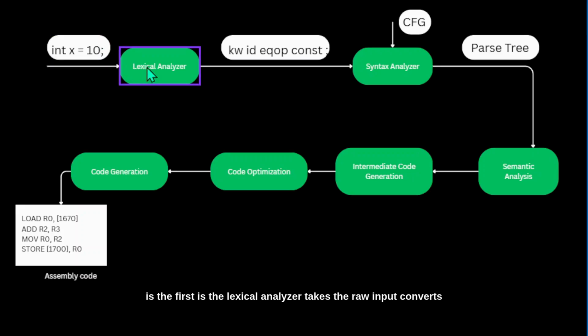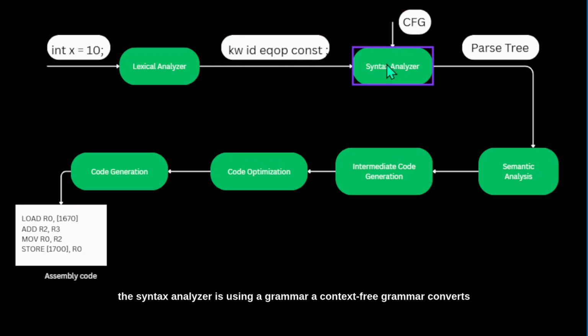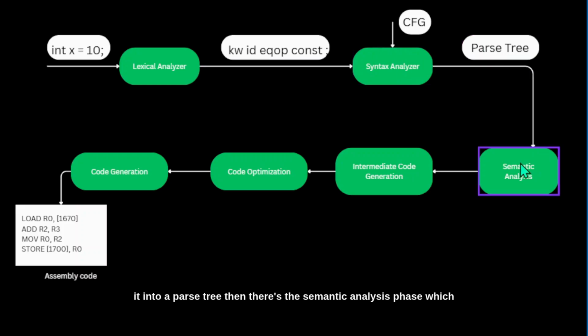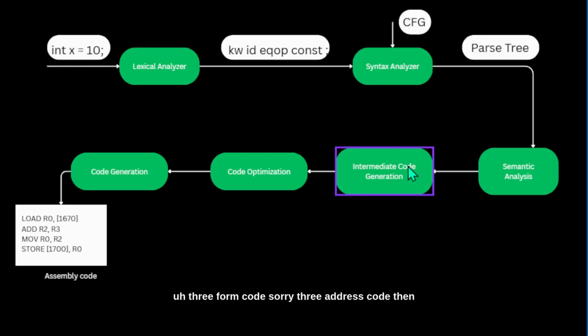First is the lexical analyzer, which takes the raw input and converts it into a set of tokens. Then the syntax analyzer, using a context-free grammar, converts it into a parse tree. Then there's the semantic analysis phase, which handles semantic errors. Then the intermediate code generation, which converts it into three address code.